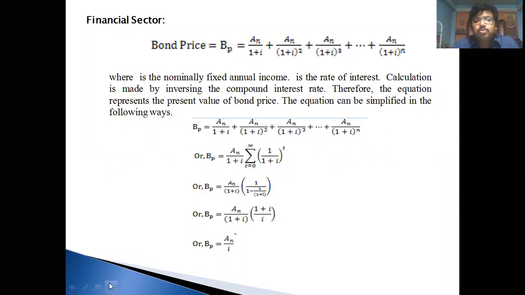So what is the bond price? Look, this is the bond price. Bond price BP is this plus this plus this plus this. AN is the annual return. It is constant.